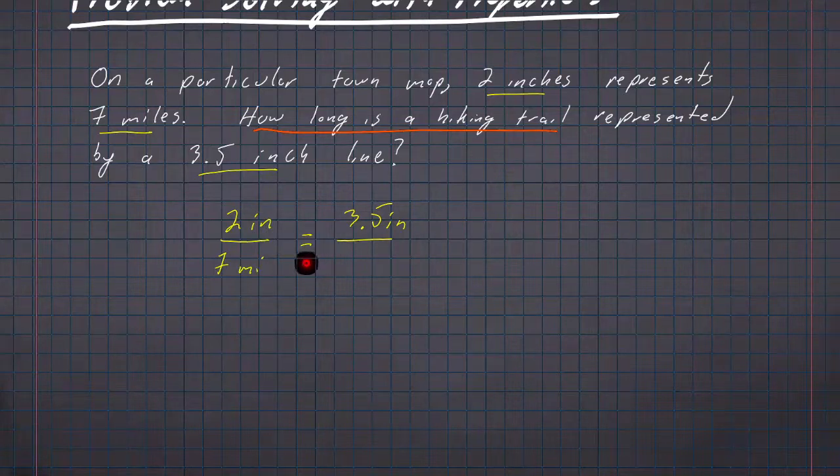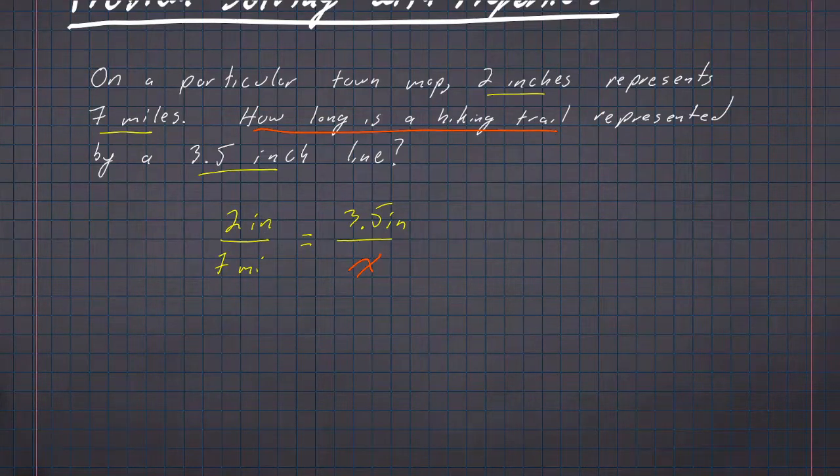So because they are both in the world, 7 miles and our unknown are related. Because they are both talking about the hiking trail, 3.5 inches and our unknown are related. That's your double check. Before you fill in the last spot in a proportion, make sure that it's related to the thing above or below it and the thing to the left or right of it.